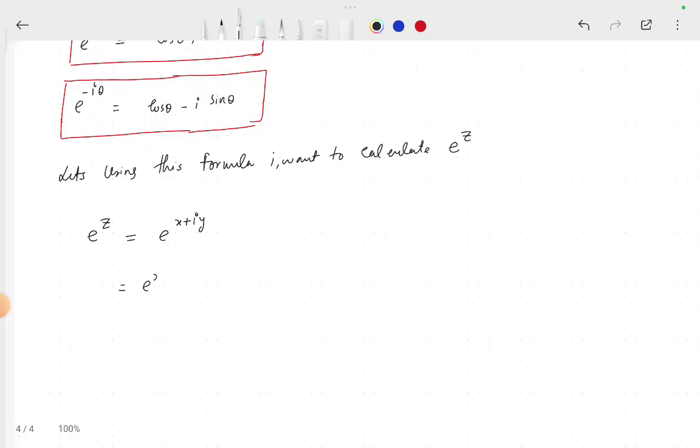So it is written as e to the power x into e to the power iy. So it is equals to e to the power x, and e to the power iy can be written using Euler's formula as cos y plus i sin y. I hope you understand how to use this formula. So it is equals to e to the power x into cos y plus i sin y. I hope you understand. This formula is useful.